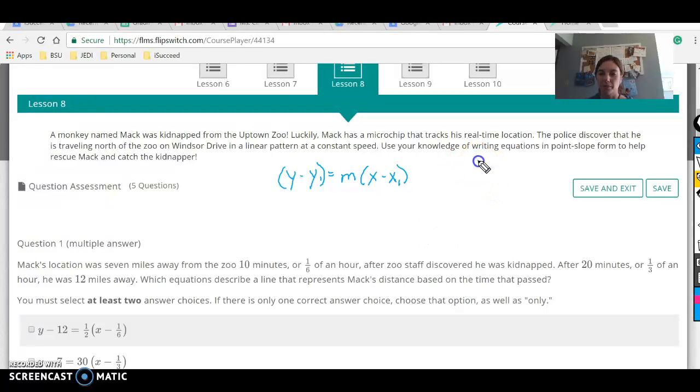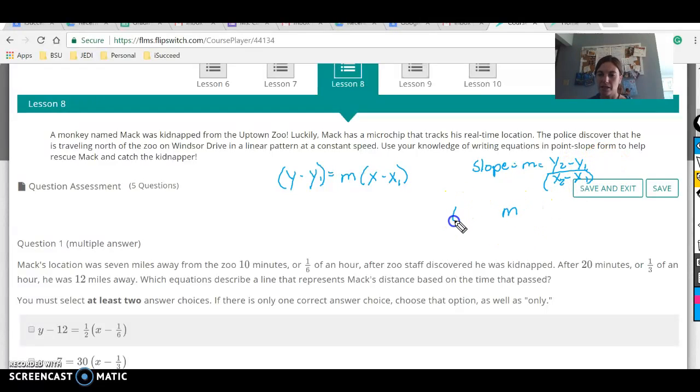So if you remember, slope equals m equals y2 minus y1 over x2 minus x1. So if you can remember that, then you can just take this quantity and multiply both sides.